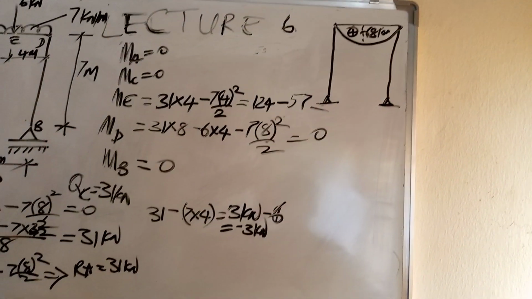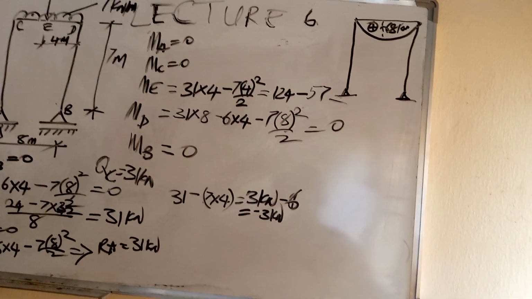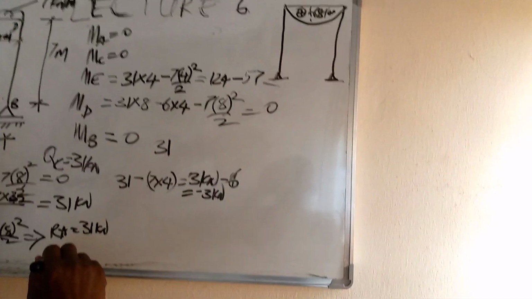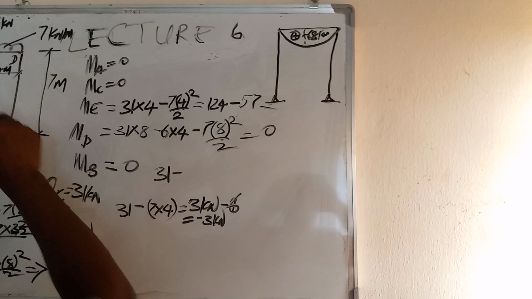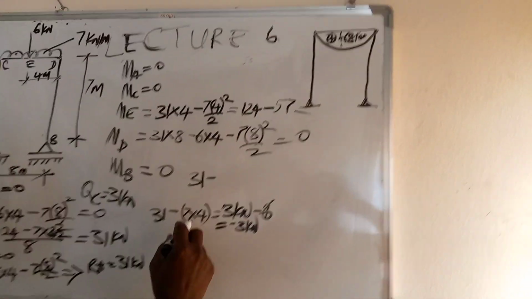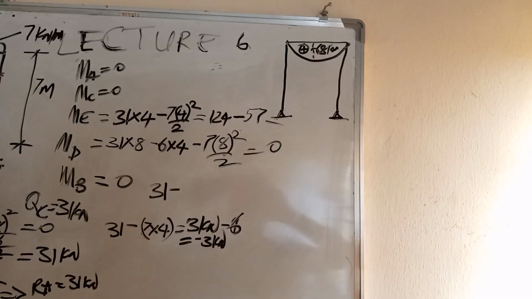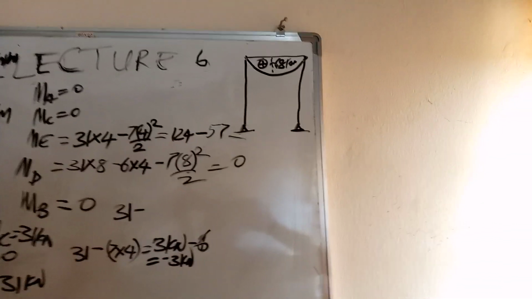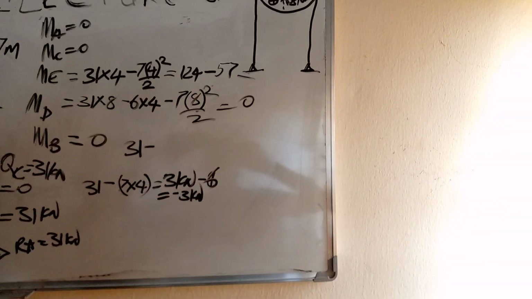Then the shear force at D is 31 minus 7 times 4, 28, that gave us 3. Minus 6, that gave minus 3.